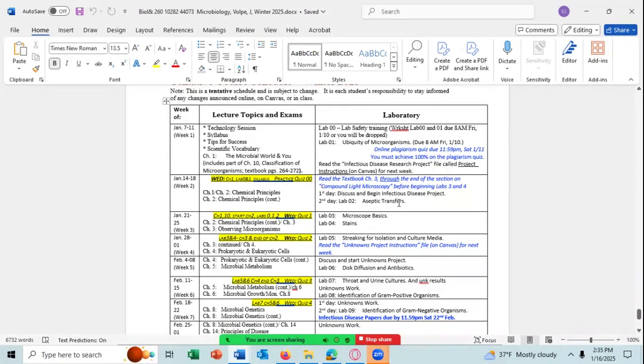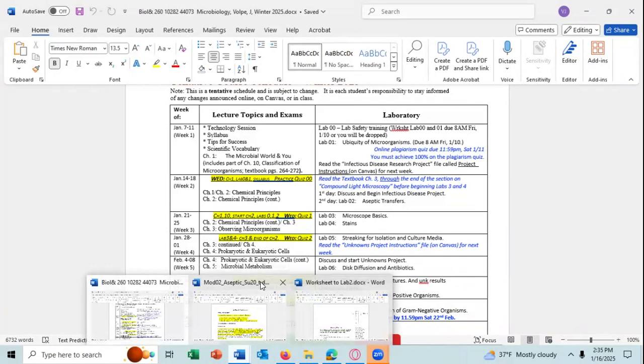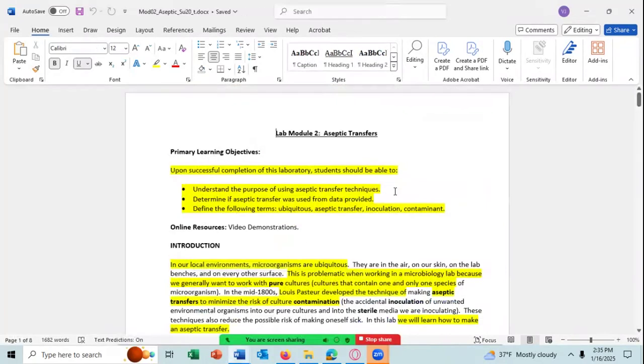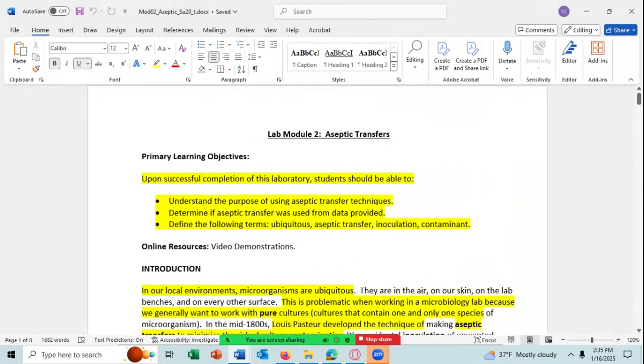All right, let's begin. Lab Module 2 is on aseptic transfers.